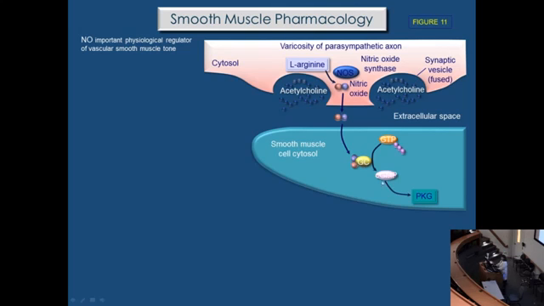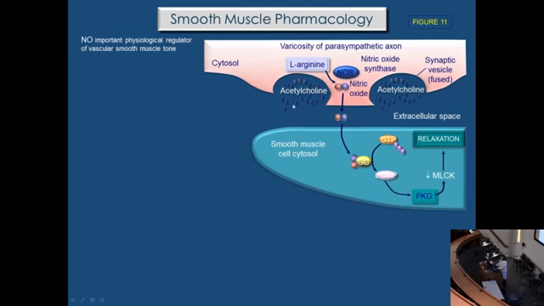This will lead to the production of cyclic GMP, and this will activate the PKG. And remember what will result in the activation of PKG? Relaxation of the smooth muscle, right? Because remember we said that PKG will phosphorylate the myosin light chain kinase, and this will result in relaxation.